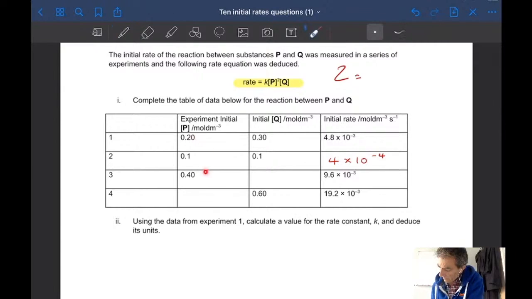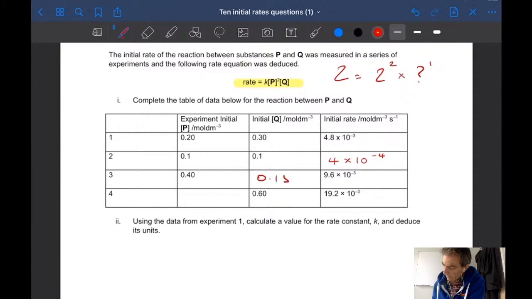P has doubled. So 2 to the power 2, because it's second order, multiplied by an unknown increase in concentration to the power 1. So basically 2 equals 4 times what? That's times a half, isn't it? So the concentration of Q has to be half of what it was in experiment 1. So it's 0.15.